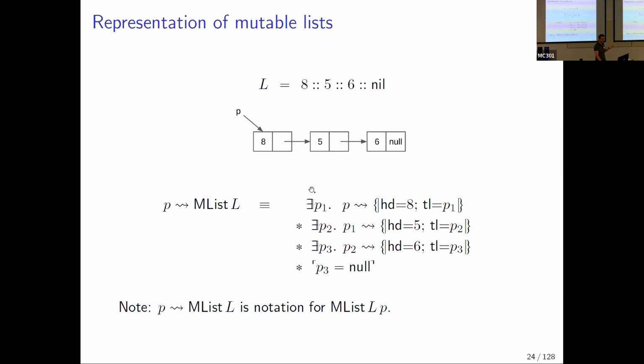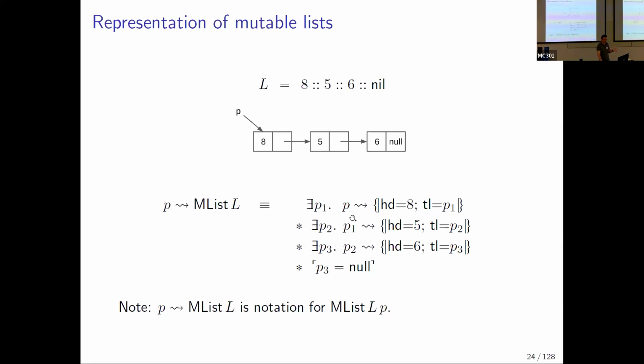formalize this in separation logic? You have to say something like this: P points to this record, and in fact, the second value here is not important, and we should not be able to talk about it. So we hide it behind a quantifier, an existential quantifier.